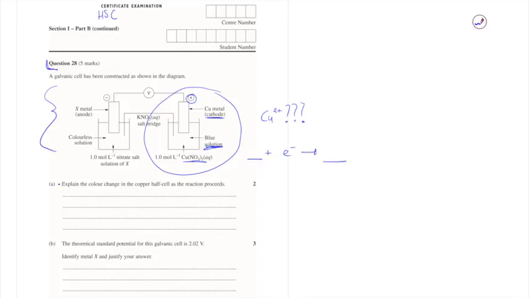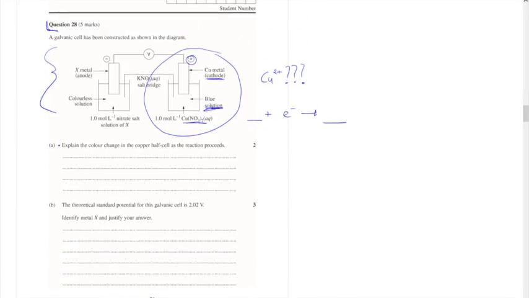So I'm going to take a guess, and hopefully you might know this anyway, that when I add these two things together, the thing that I'm going to produce is copper solid. And the reason why I know that it's actually going to be on the right hand side is I need to balance my charges. So that means whatever's positive needs to be on the left hand side to counteract this negative charge. So I'm going to include that my Cu, of course, would be aqueous. 2+ is on my left hand side, and that would mean I need a 2 there just to balance that equation. So this is the reaction that is occurring in this copper half cell as the reaction proceeds.